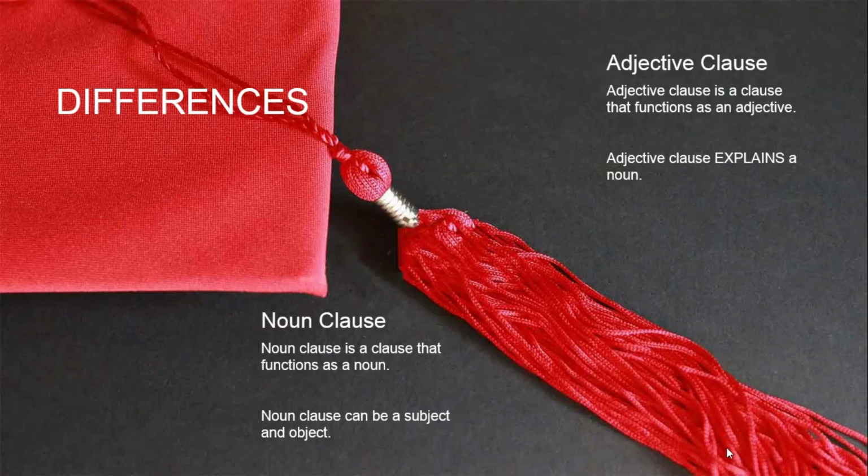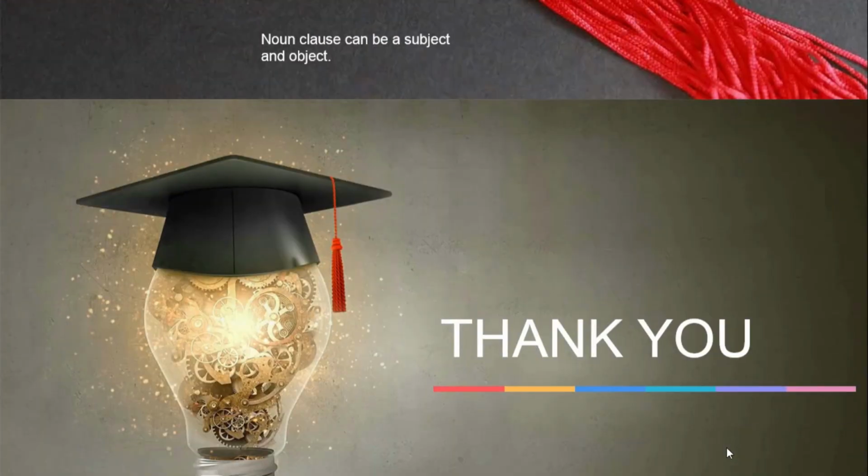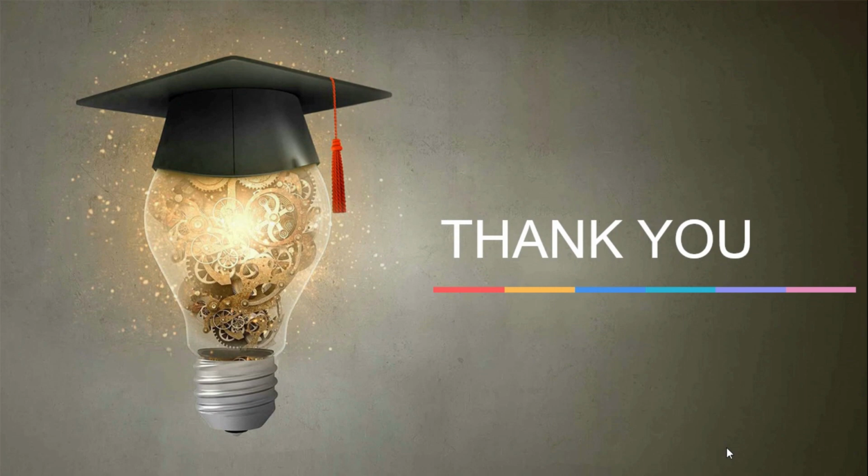Let's focus on the difference between noun clause and adjective clause, because of course we have to differentiate between these two clauses, and this is a challenge because sometimes it's hard to differentiate between them. A noun clause is a clause that functions as a noun, while an adjective clause is a clause that functions as an adjective.